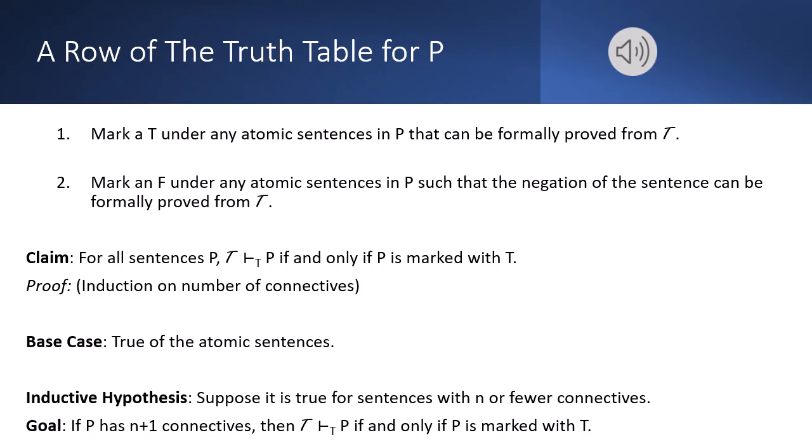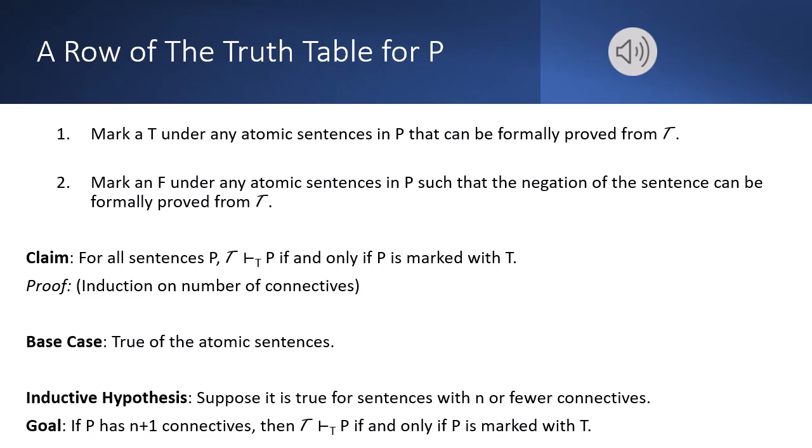It proves every sentence or its negation. And then, going through the truth table, you can figure out the truth value of that sentence P in that particular row. And when you do that, it turns out that the following claim is true for all sentences P.